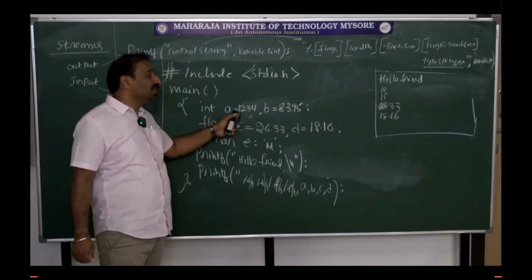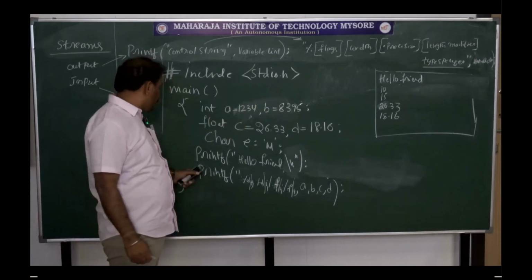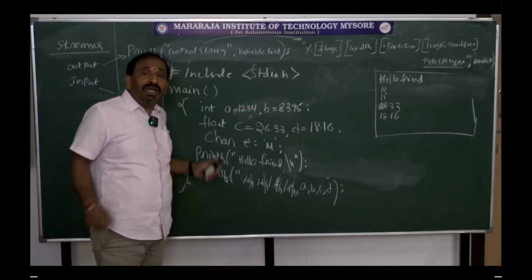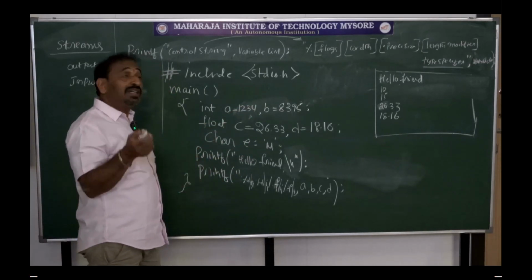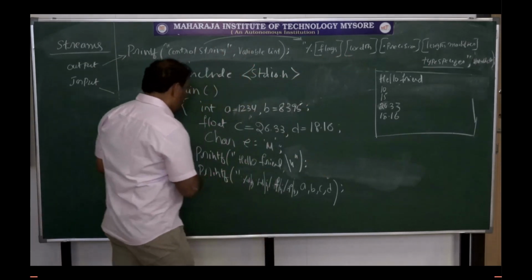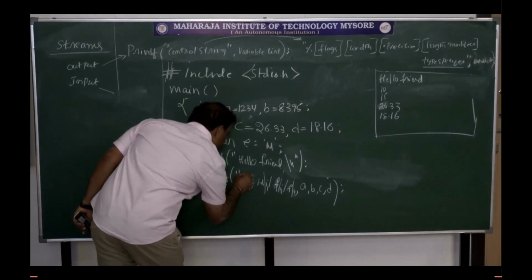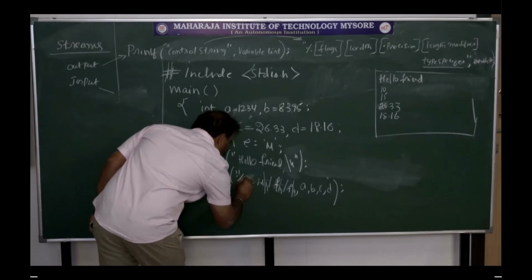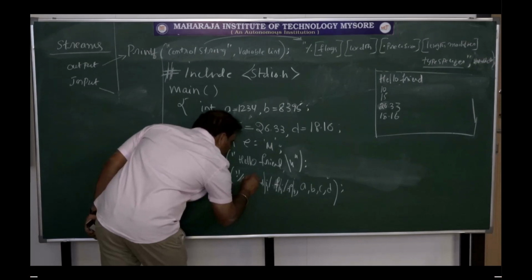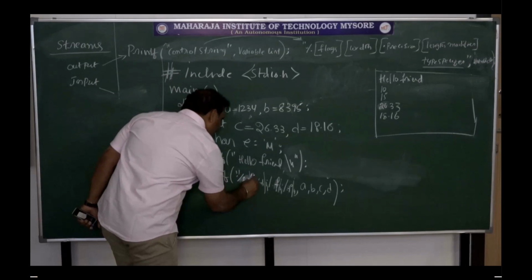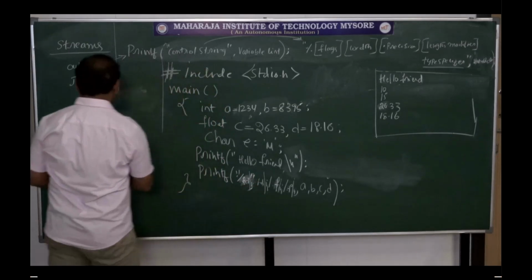Now I have declared this with different values. When you print with %d, it will be printed, but I want it printed in a different way with the width mentioned. So I mention %2d \n, I am writing it like this.